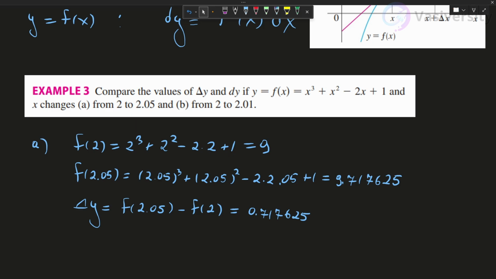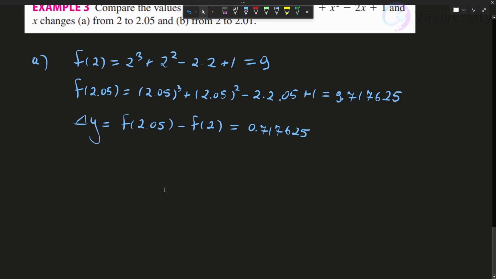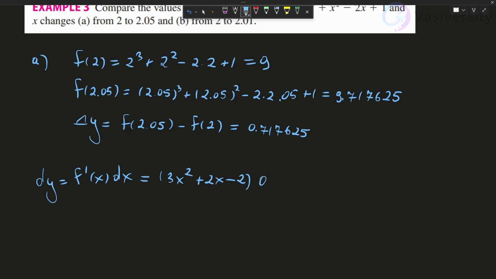Okay, but now for differentials, how much of a difference will it make? If we take a derivative, dy is equal to f prime of x dx, so that's equal to 3x squared plus 2x minus 2 dx.